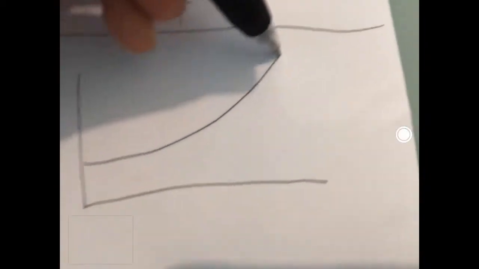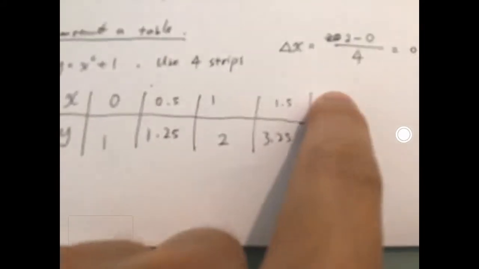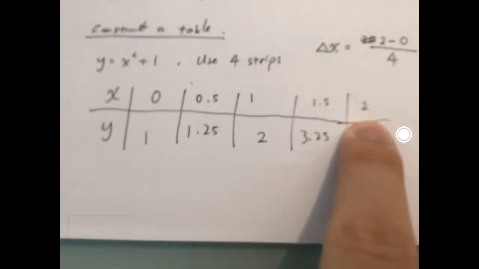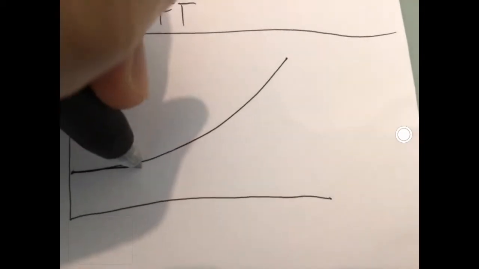So with left Riemann sum, this is our graph, so we plot the graph of x squared plus 1. That'll be the curve, and then since this is the left Riemann sum, we ignore the last y coordinate and stick with the first one.